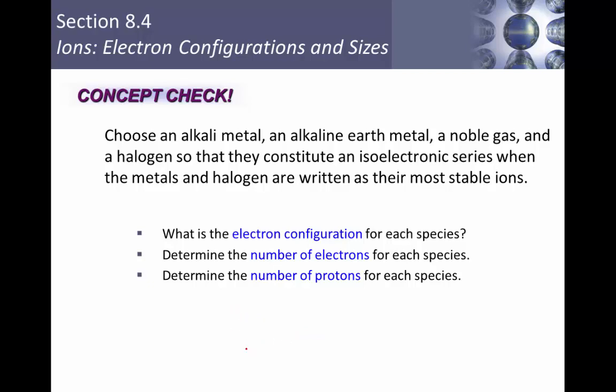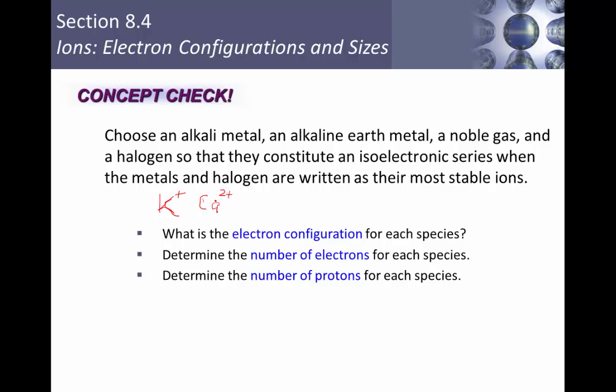So let's use argon as our noble gas. That means our alkali metal would be potassium. And then our alkaline earth metal would be calcium.